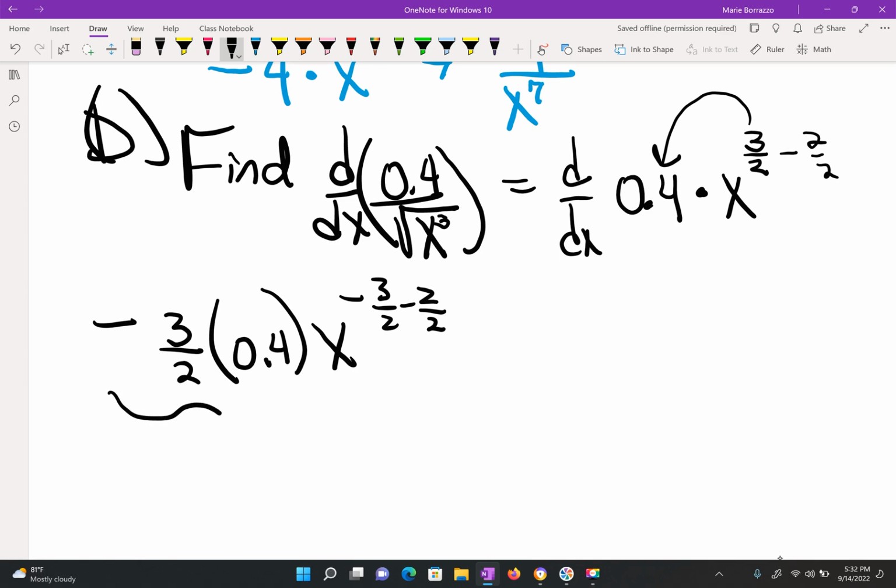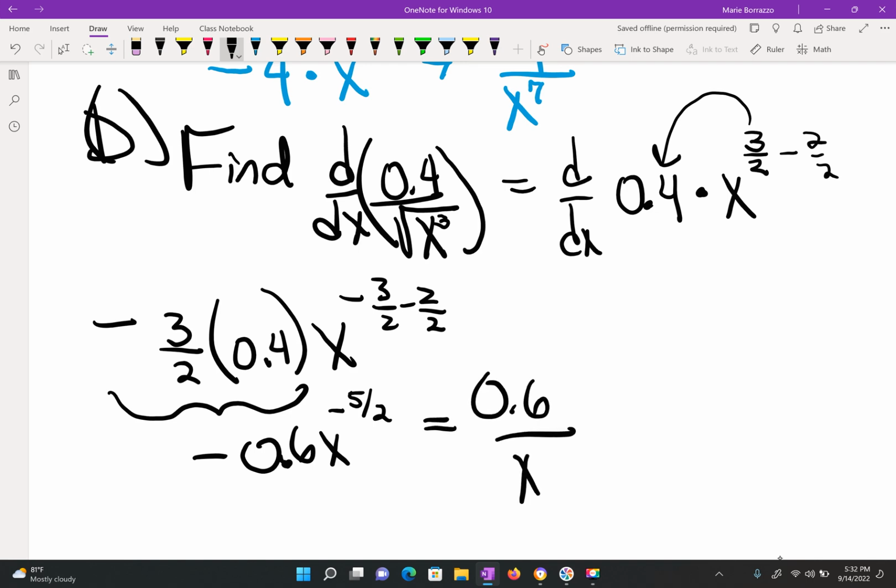So all of this is simply -0.6, and now you have x to the -5/2. But we don't like negative exponents, right? So we re-express this as 0.6 over x to the +5/2. Okay? Are we breathing? We're good? Super.